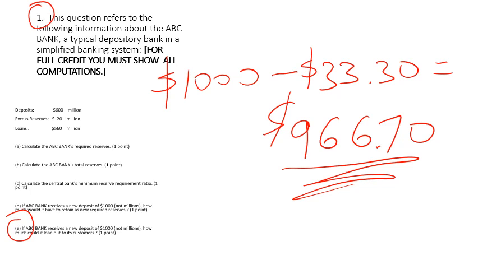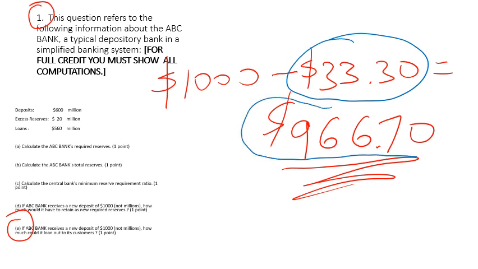So out of this new deposit of $1,000, our bank has to retain $33.30, and it can loan out $966.70.